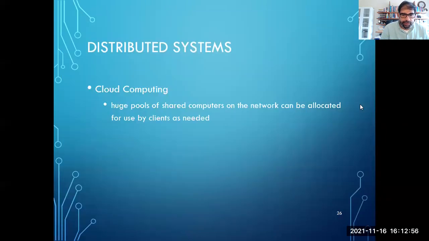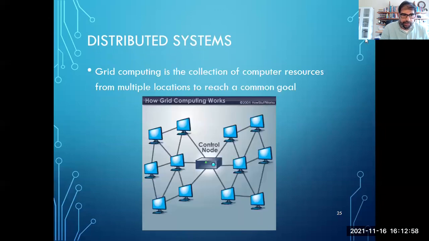It means that in a grid, each computer retains some sort of autonomy. They can decline a request from the central node to process, and in that case the central node will shift the request to some other computer within the grid. This is not the case with cluster computing.